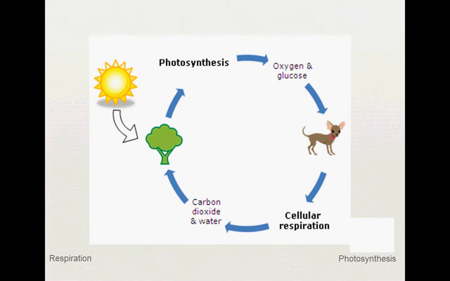Those products of photosynthesis can be used by animals and all organisms for respiration, and in respiration, these organisms release carbon dioxide and water as waste products, which then can be used by the plants. And so we have this recycling of carbon and oxygen in the ecosystem, so that these materials are constantly recycled from one type of organism to the other.